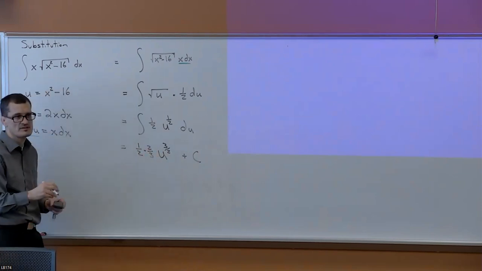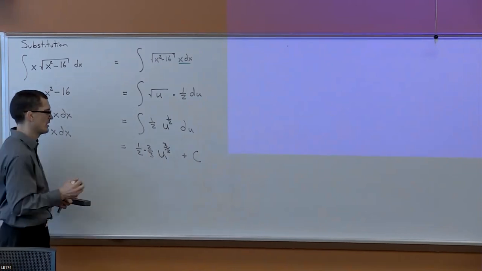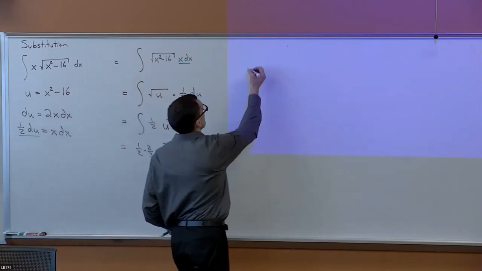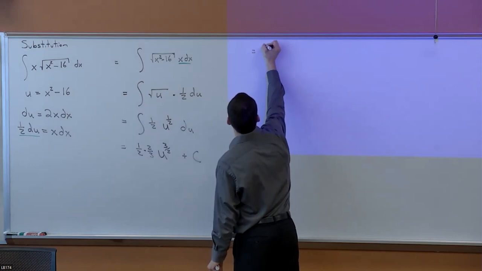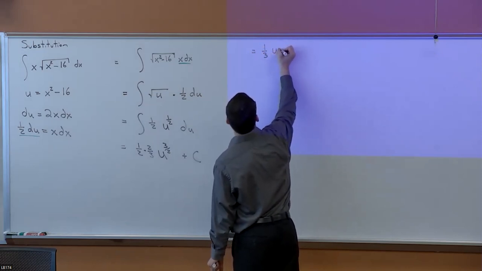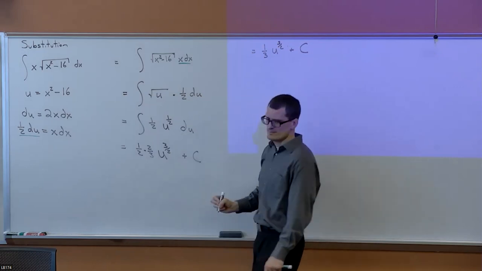Sometimes that's easier. Dividing by 3/2, multiplying by the reciprocal, it's all the same. You end up with 1/3 u to the 3/2 plus C.